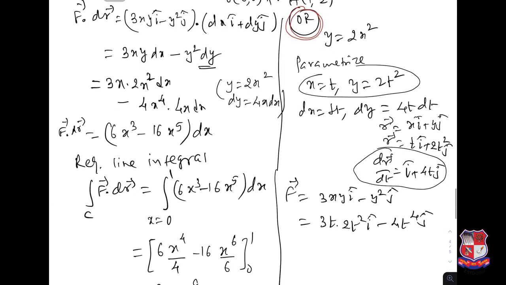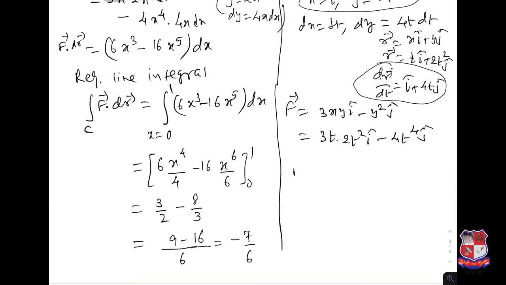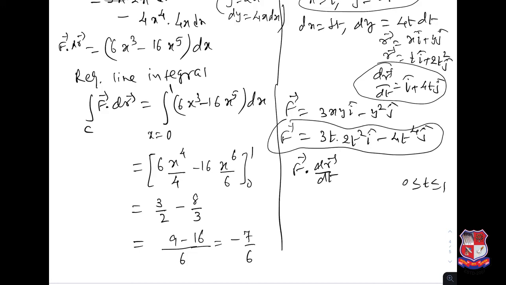So t is 0 to 1. Here you are having f, here you are having dr by dt, and then you can have the line integration, t equal to 0 to 1 of f dot dr by dt dt, and you will get the same answer, minus 7 by 6. This way also you can do.